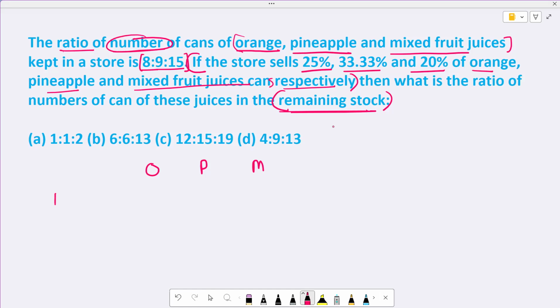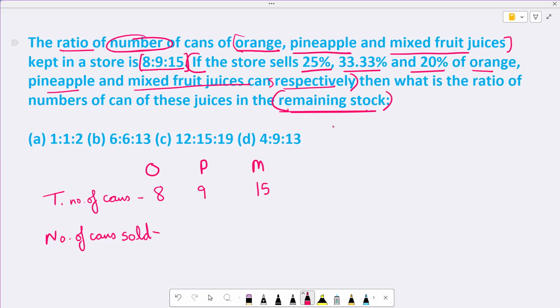So the ratio of the total number of cans is 8 to 9 to 15. It's pretty simple. The next step is, if the store sells 25%, 33.33%, and 20% of all these juices, then we can write here the number of cans that are sold.